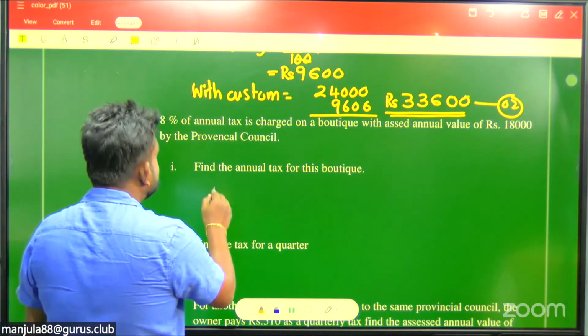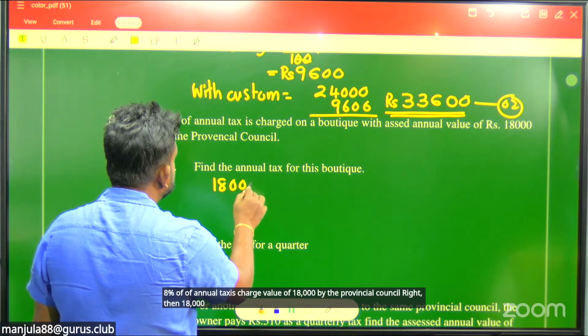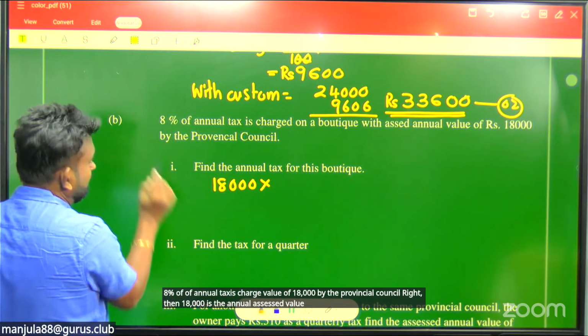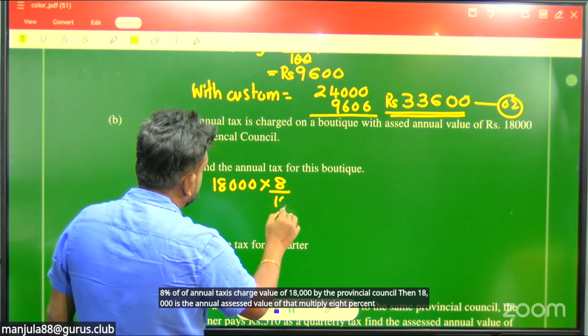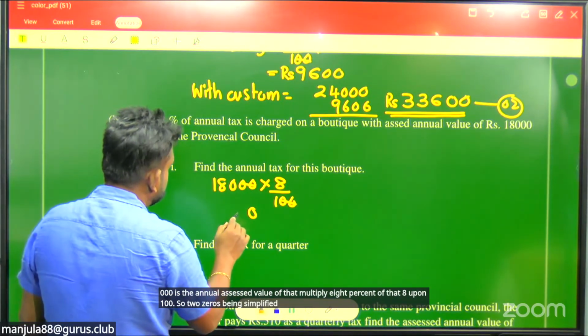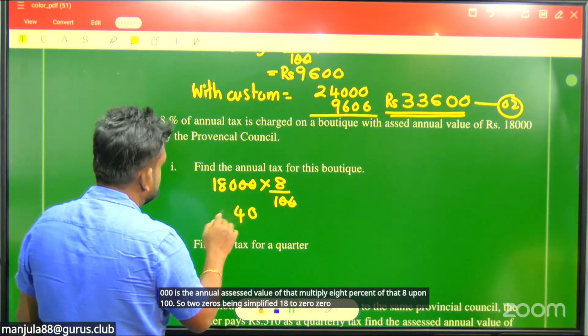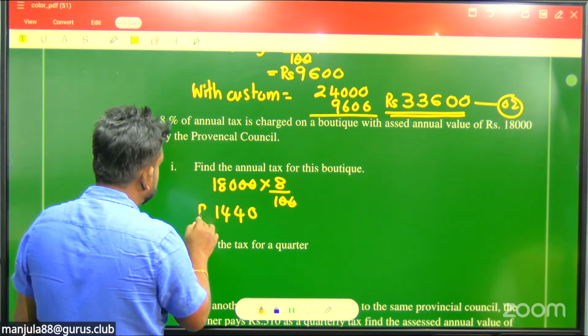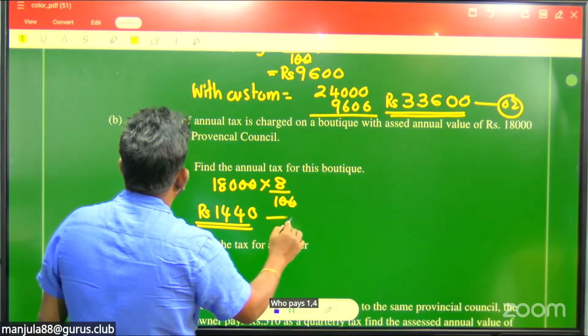Right, then 18,000 is the annual assessed value of that, multiply by 8% of that, 8 upon 100. So two zeros being simplified, 8 into 18 gives rupees 1,440. You have 2 marks there.